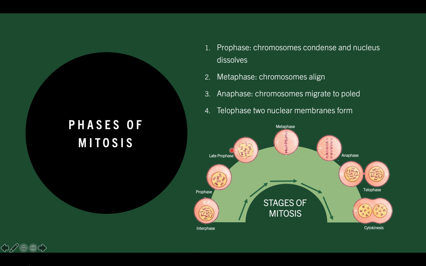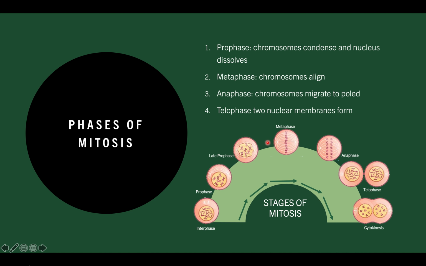As we move through, you can look at these images, and within the nucleus, you'll see what we're talking about. Within prophase, which would be this example, and also late prophase right here, the chromosomes are starting to condense, and the nucleus around them is starting to go away. You can see that here especially, that nucleus is dissolving.